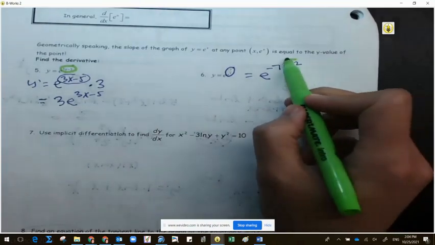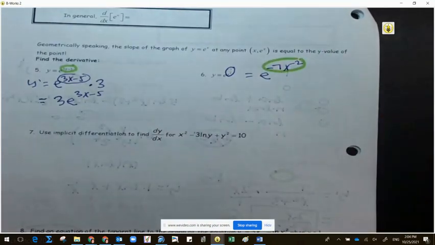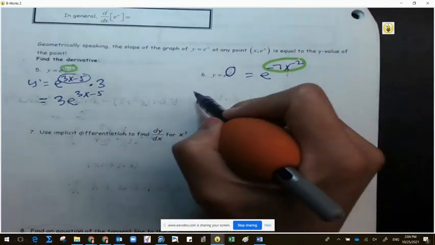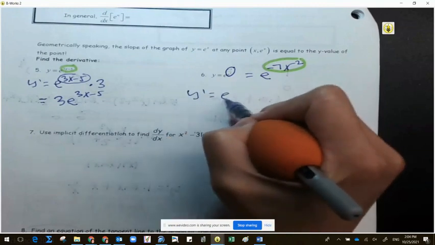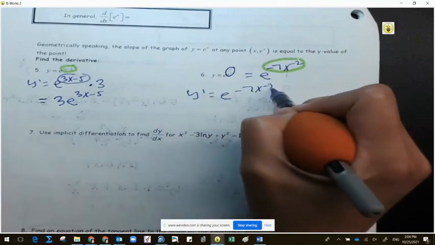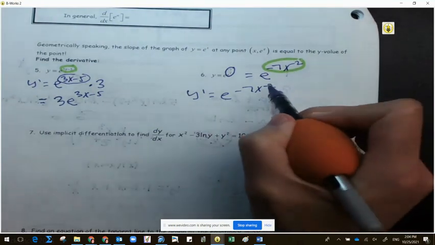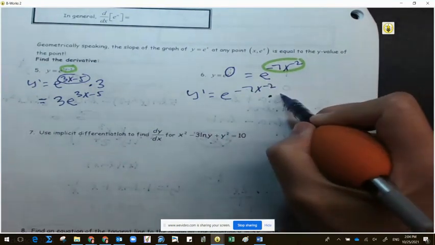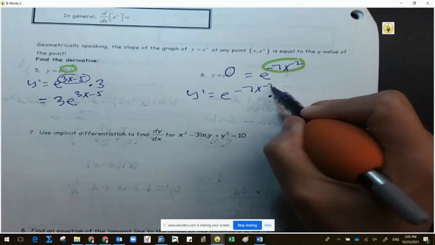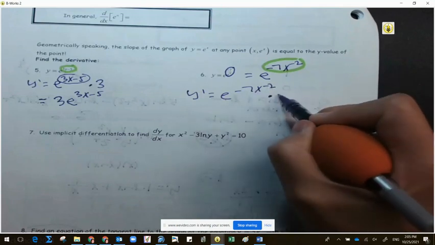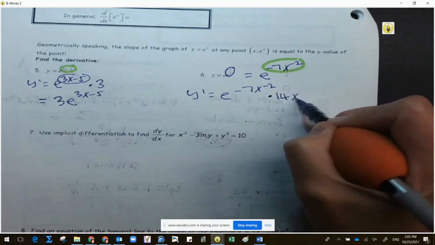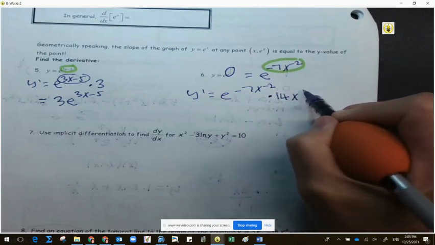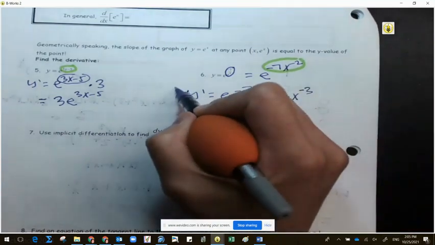Let's start by circling. The derivative of e is basically the original. Just copy exactly as you see. And then we derive the exponent. What is the derivative of the exponent? 14. What is negative 2 times negative 7? 14. X. How many is 1 less than that power? -3. And that's it.